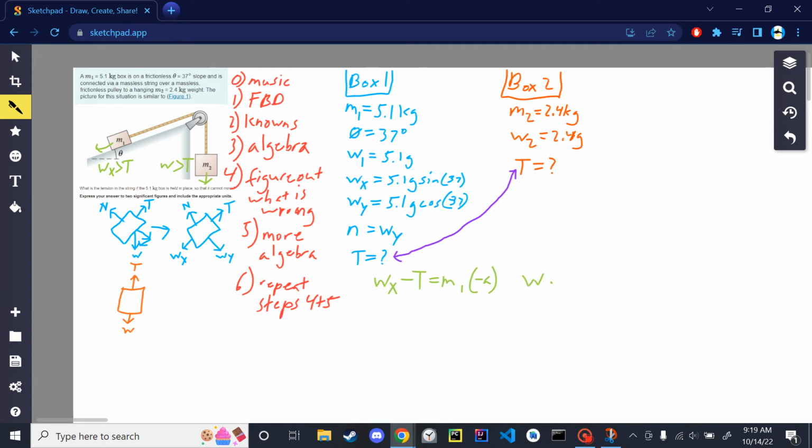So this would be W minus tension is equal to m2 times acceleration, because that is positive. Yes. Okay, let's run with this again.